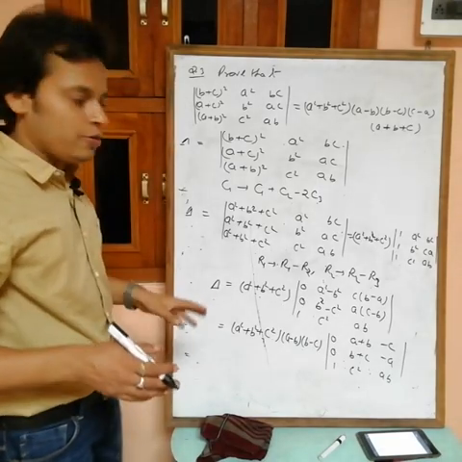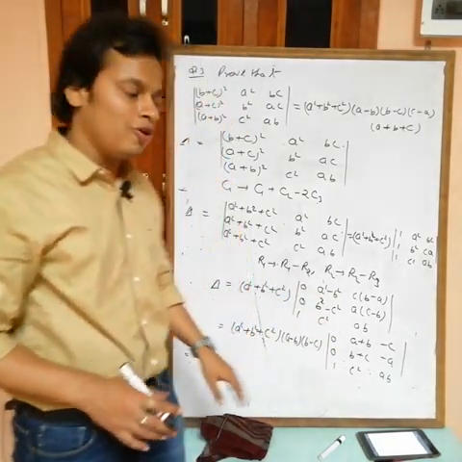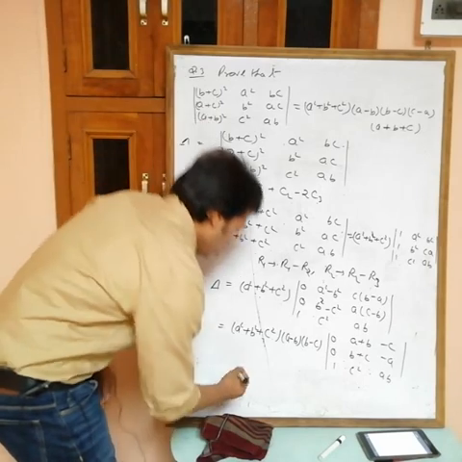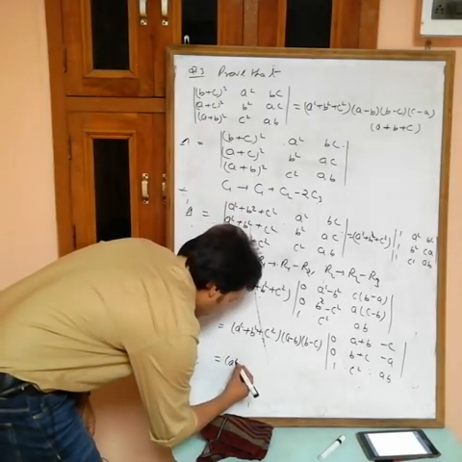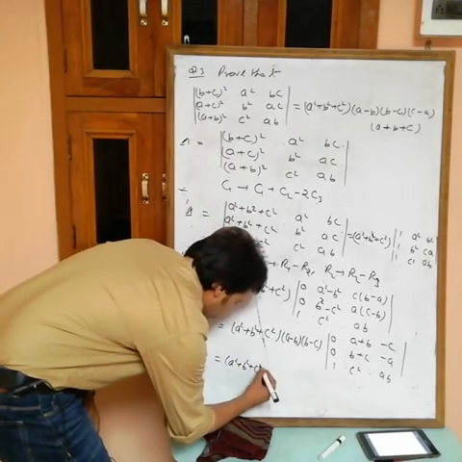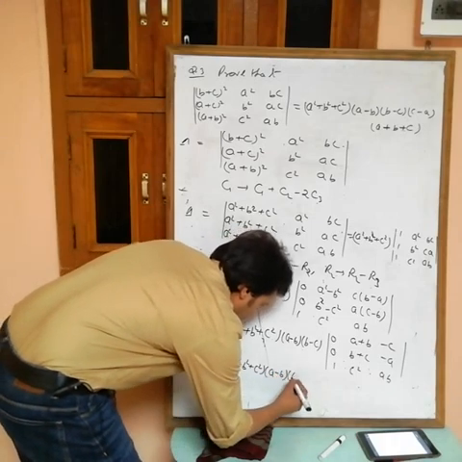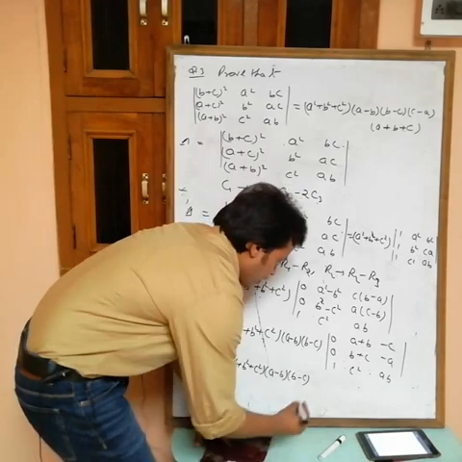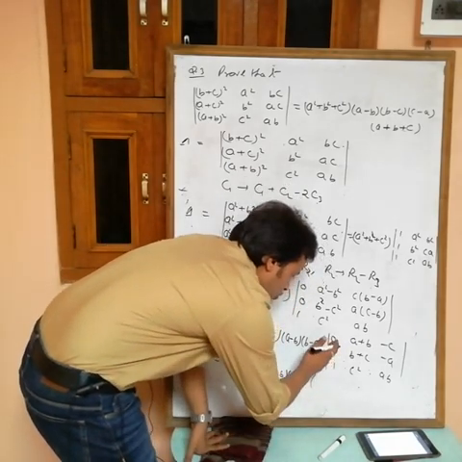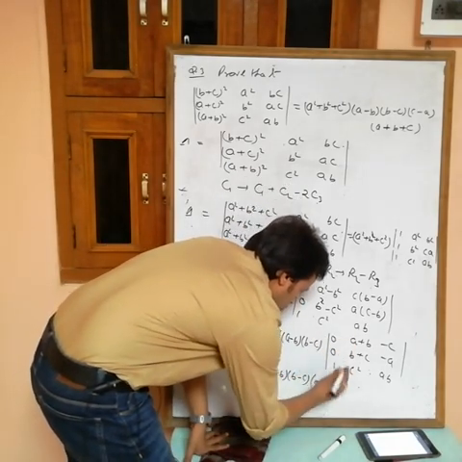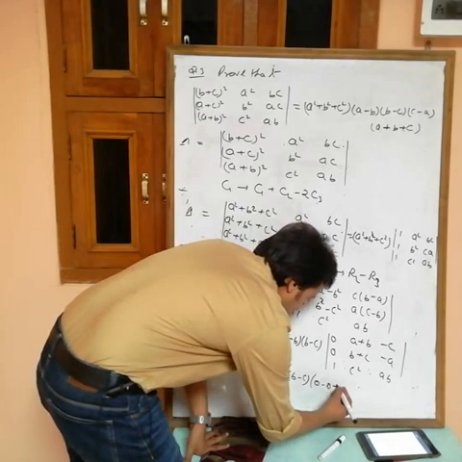Now expand, because in C1 we have two 0s, so automatically you will get the remaining thing. So if you expand a square plus b square plus c square into a minus b into b minus c. Now expansion, 0 multiplied by cofactor, 0 minus 0 and plus 1.